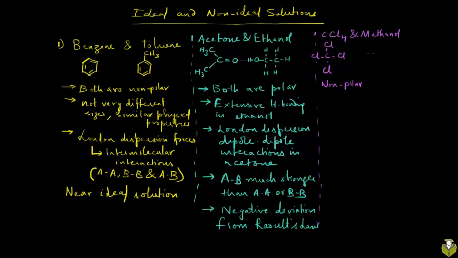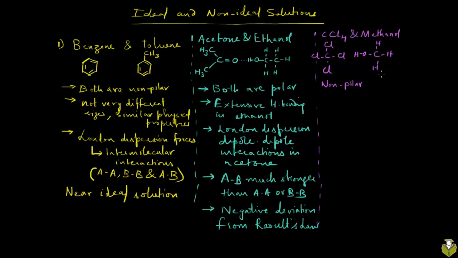So this is clearly a polar molecule. Let me just draw this out here. You clearly have a polar OH bond, and again you have a negative end of the dipole and a positive end of the dipole.